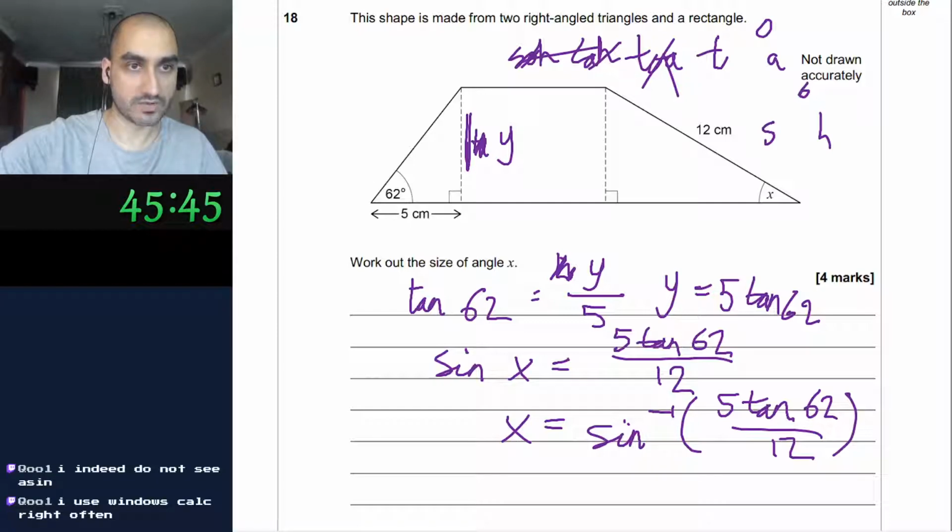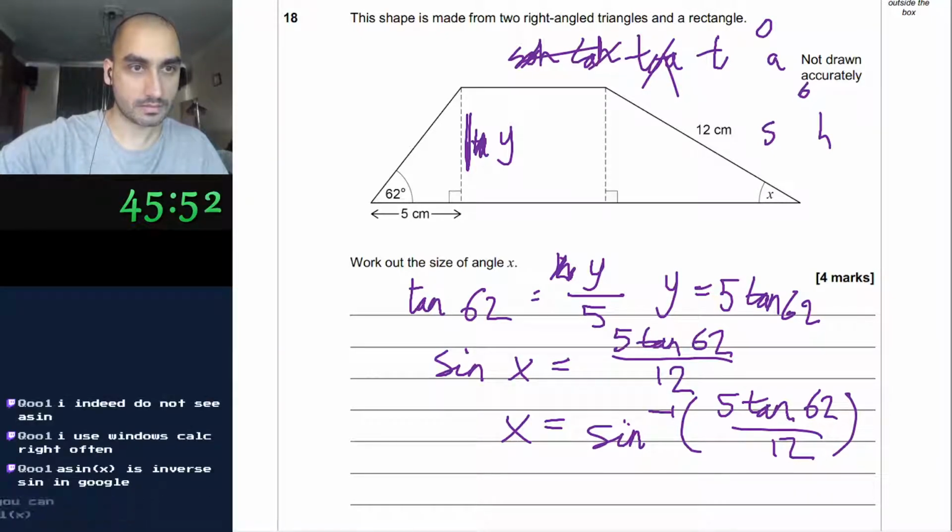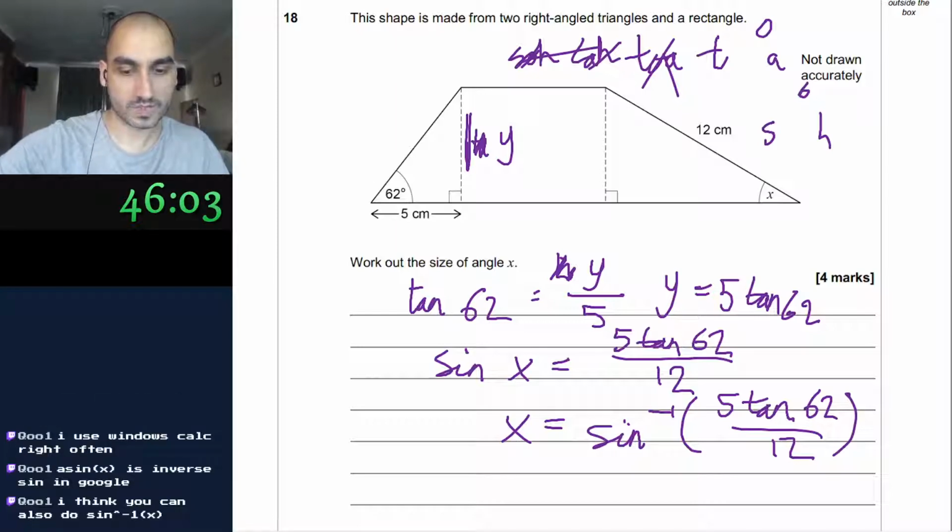So you want 5 tan 62 over 12 inverse sine. 5 times tan 62. Oh, but it's radians. How do I set it to degrees? 62 is in degrees. I just physically type the word degrees. Then it gives me the answer in radians.